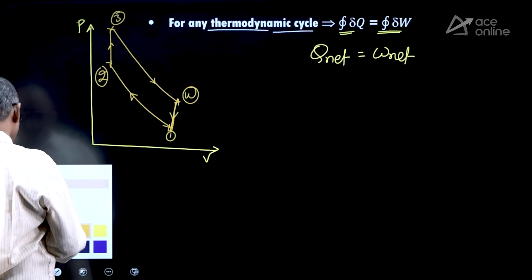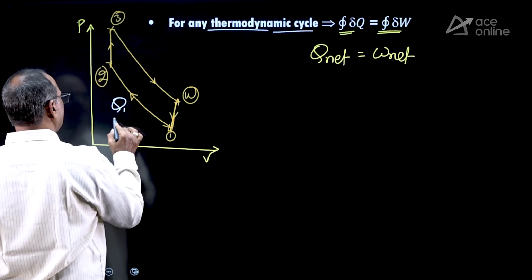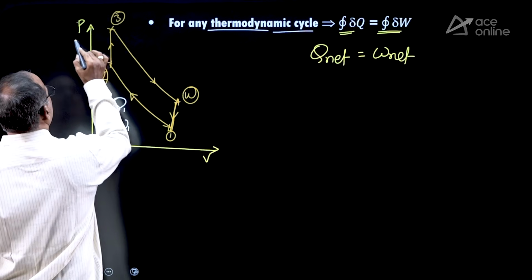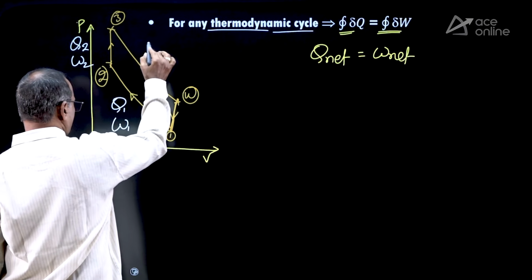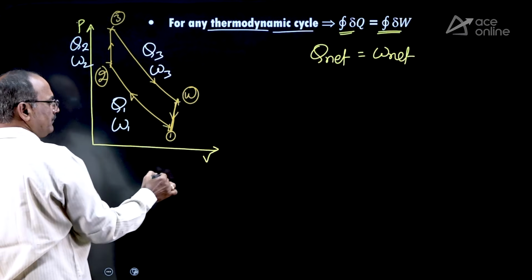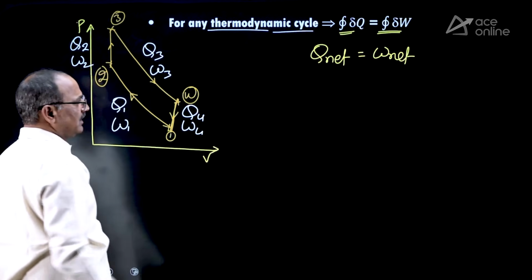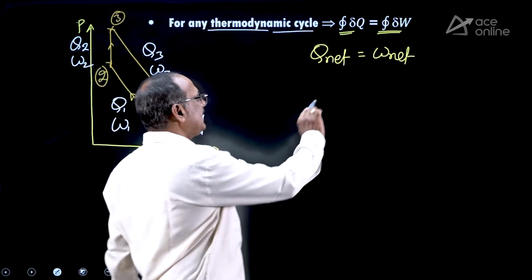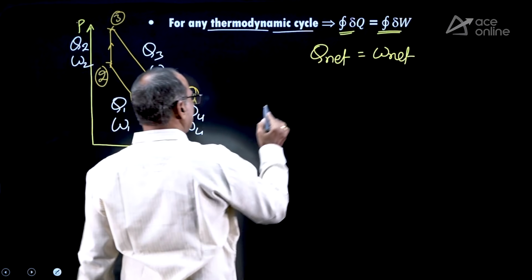Let us mark the heat interactions and work interactions. For 1 to 2 the heat interaction is Q1, work interaction is W1. For 2 to 3 heat interaction is Q2, work interaction is W2. For 3 to 4 heat interaction Q3, work interaction W3. And for 4 to 1 heat interaction is Q4, work interaction is W4. Then the meaning of net heat equal to net work is that the sum of the heat transfers equals the sum of the work transfers.